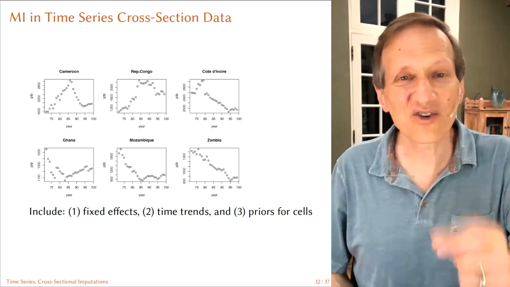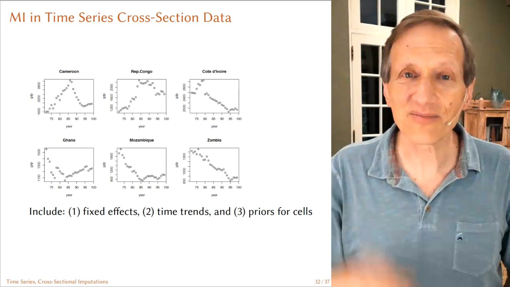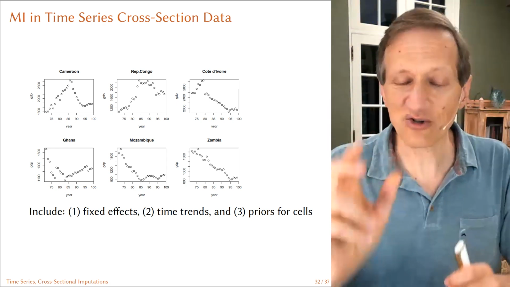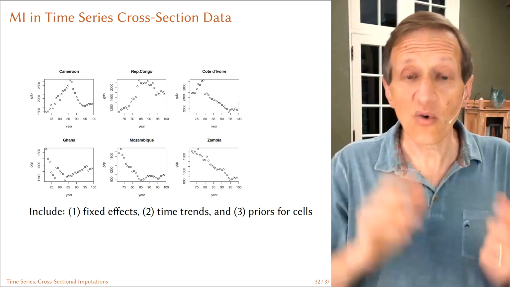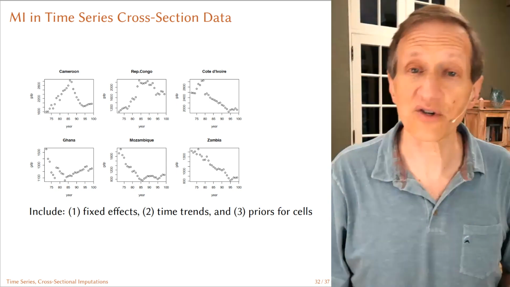And so what we showed in this paper, and what is coded into Amelia, is how to put a prior on individual cell values. I showed you earlier on in the course how to put a prior on parameter values. Well, now we're going to put a prior on the expected value of one of these imputations.